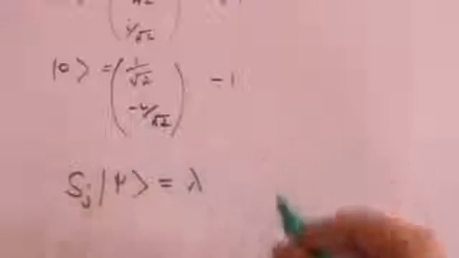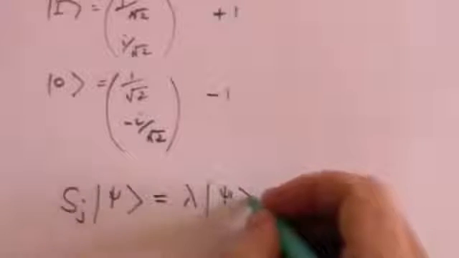And all of this fitted into the general formula that the operator Sj, where Sj is either Sx, Sy or Sz, acting on the state psi, which is one of these states, gives you back the eigenvalue, which is either +1 or -1, times the same state. That was again all covered in quantum mechanics concepts.